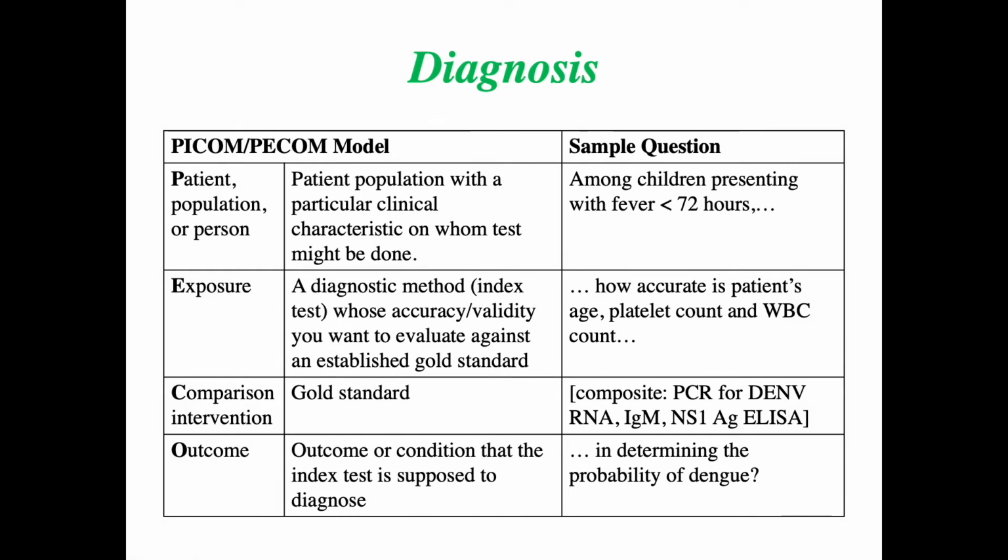Okay, so here's another example wherein we're dealing with dengue or dengue hemorrhagic fever. Now, in diagnostics types of research questions, the comparator is more often implied because there is already an established standard of care or diagnostic standard that is being performed to aid in the diagnosis of dengue.